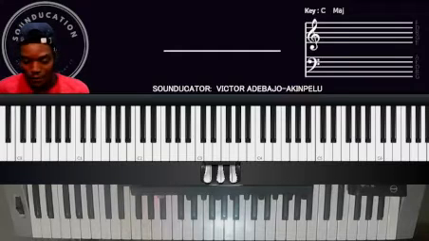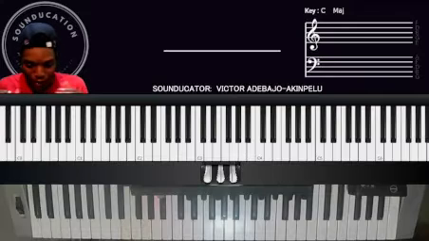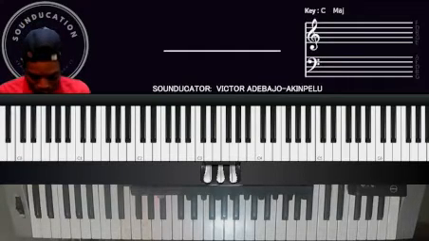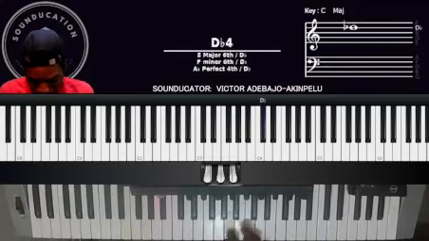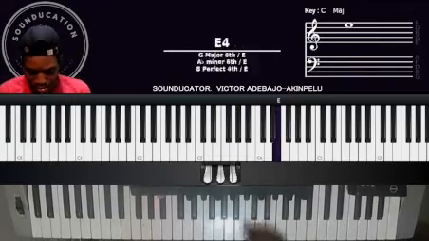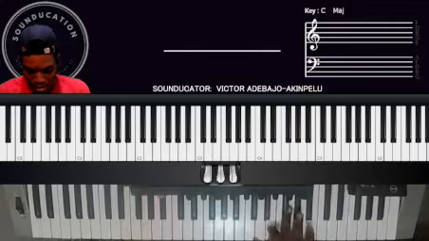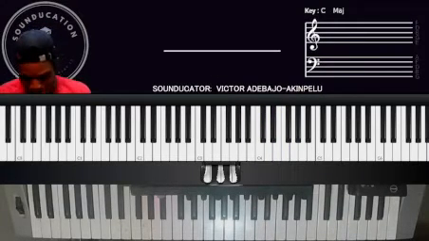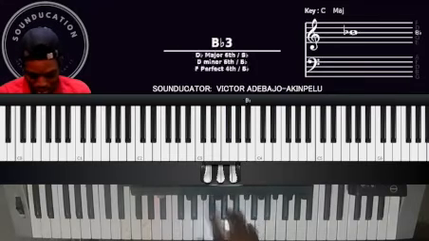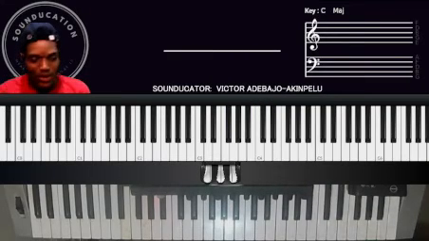Then for the major scale, it has a certain formula that it follows to give you that tonality. You know that, right? That thing. You know how it sounds when you hear it. You just know it's the major scale.